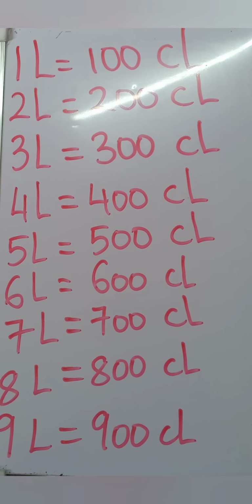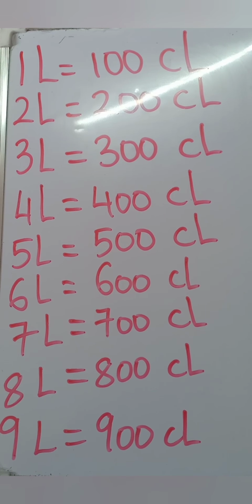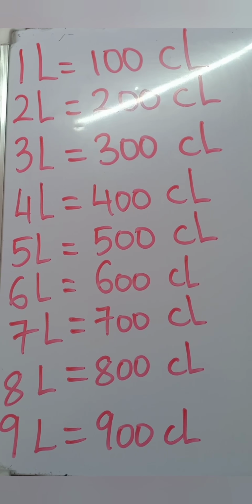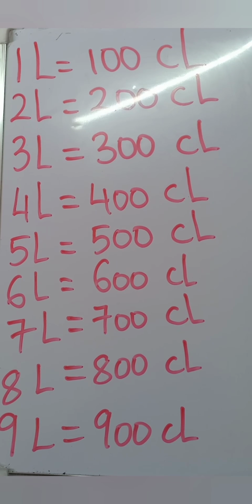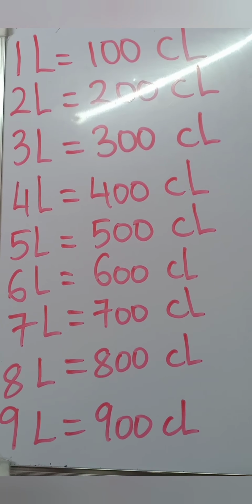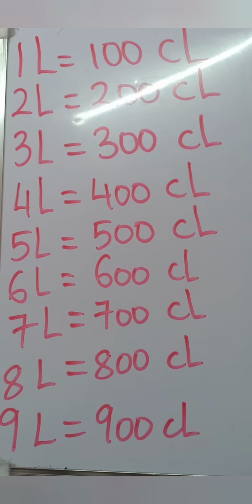Let us repeat it again. 1 liter is equal to 100 centiliters. 2 liters is equal to 200 centiliters. 3 liters is equal to 300 centiliters.